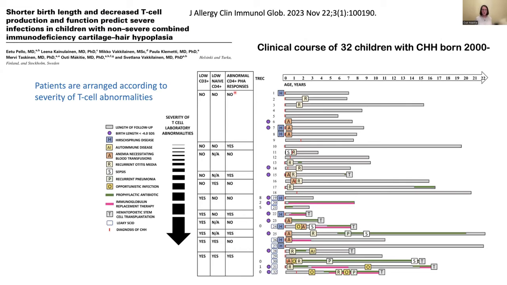And now, most recently, we've done this study to really look into these predictive laboratory values in a cohort of patients who were born after 2000, because we wanted to focus on individuals who had more careful immunological evaluations, and also had these lymphocyte subclasses measured.